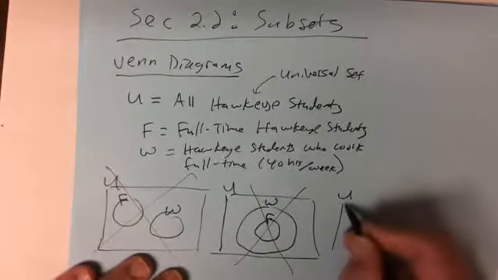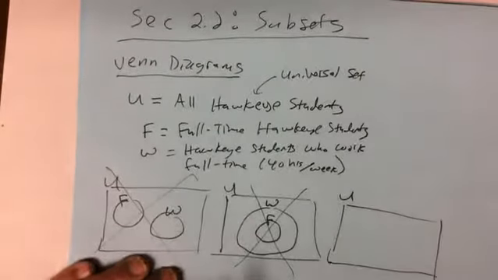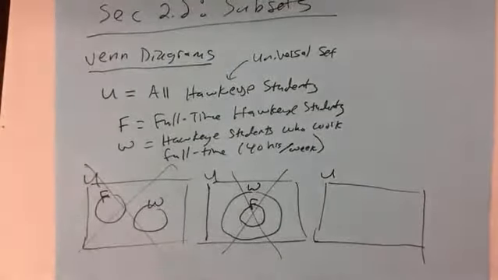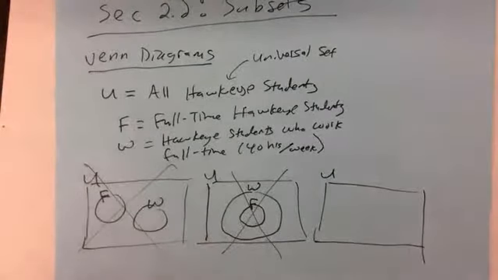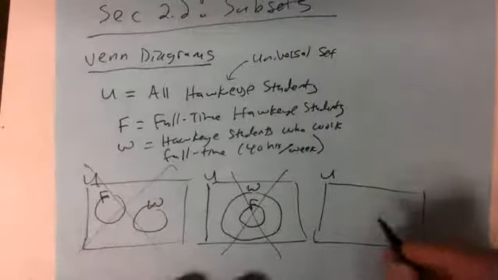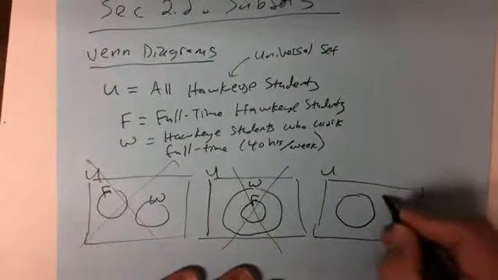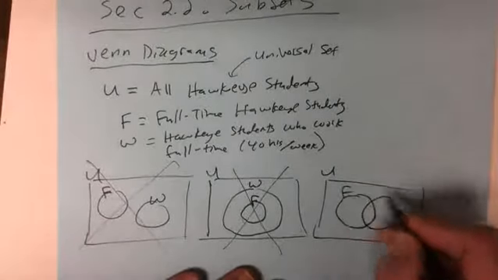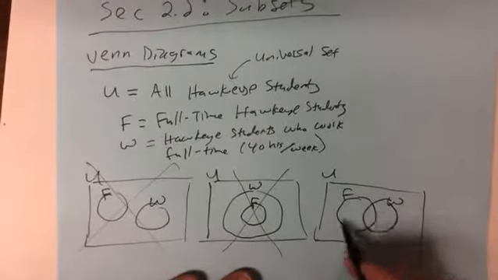So what would the right relationship be? If you want, you could pause the video here and draw what you think the right relationship might be. Okay, let's see if you got that correct here. So I would say that the right relationship is that these two sets overlap, and it would look kind of like this. These would be the students that go to school full-time.